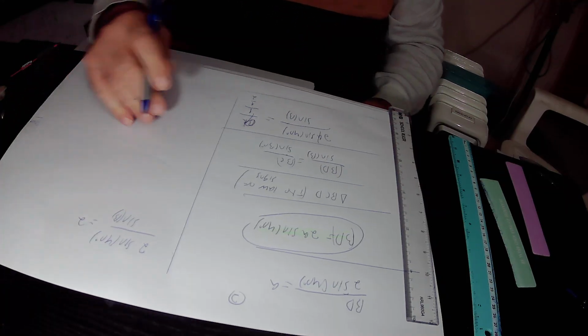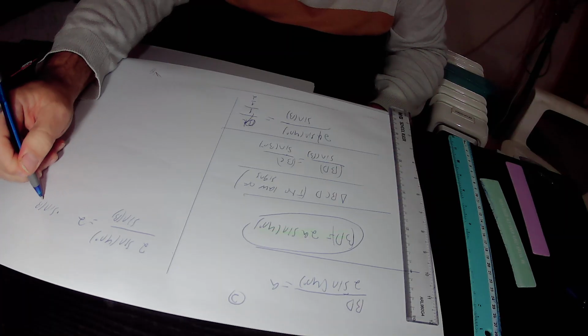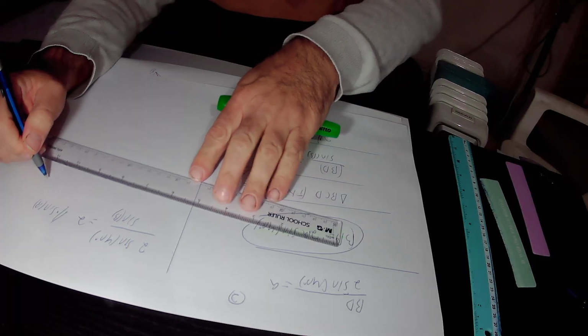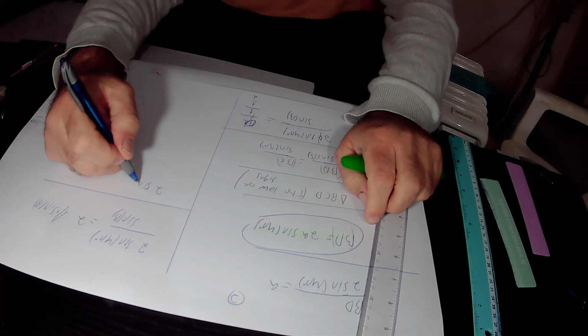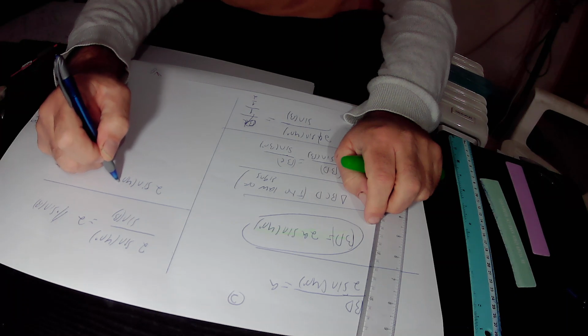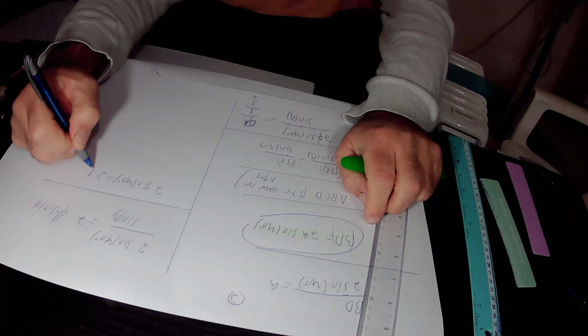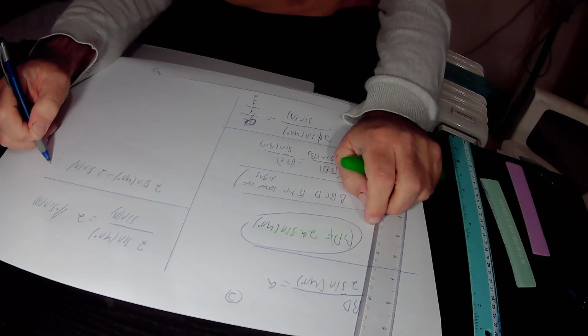Here we multiply this equation by sine beta, and finally we get that 2 times sine 40 degrees equals 2 times sine beta. Here we will divide this equation by 2.